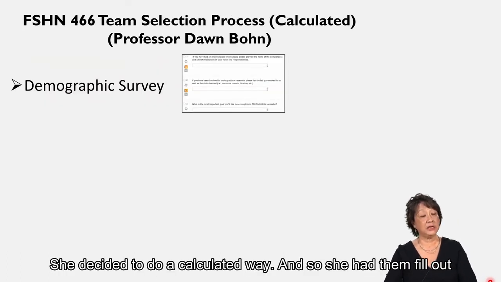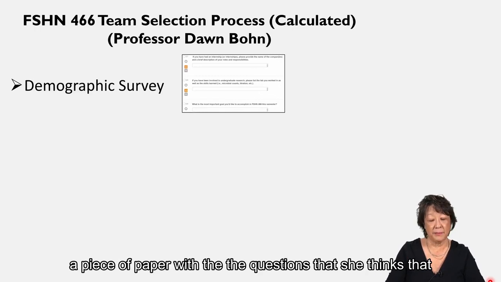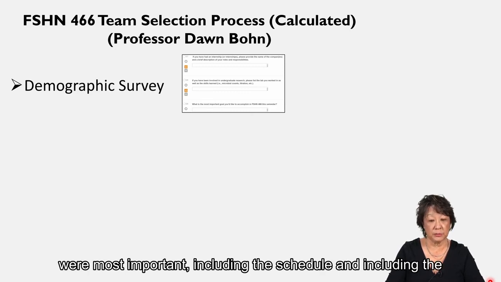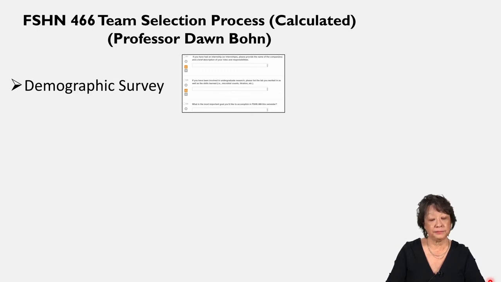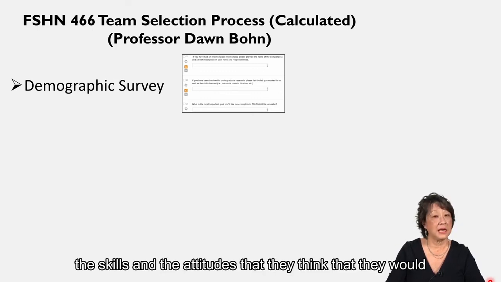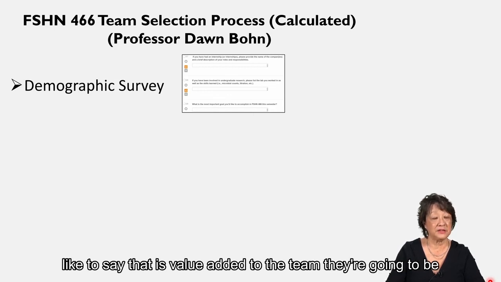She decided to do it a calculated way, and so she had them fill out a piece of paper with the questions that she thinks were most important, including the schedule and including the skills and the attitudes that they think would be value added to the team they're going to be in.